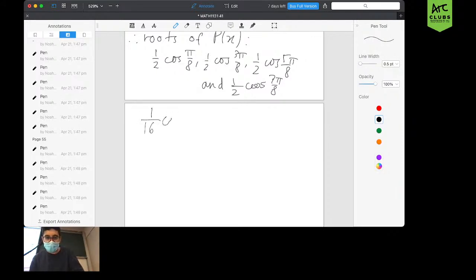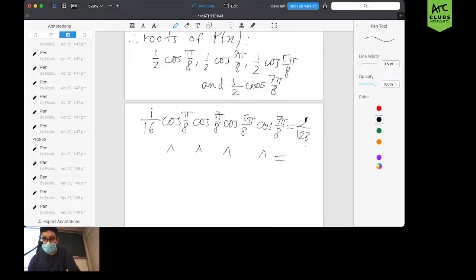And then we simply just have the product of the cos functions. And we said before that this product is equal to 1 divided by 128. Sorry, multiply both sides by 16. We get this product, I'm just going to write it like this, is equal to 1 on 8.